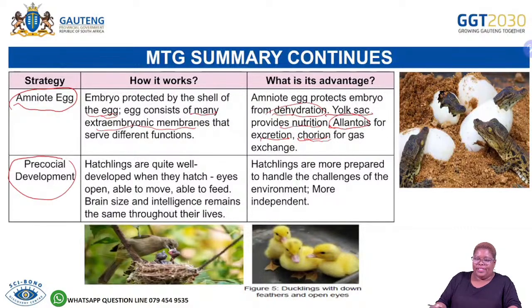Okay, now the next one is precocial development. Precocial development. Now there, hatchlings are quite well developed when they hatch. For an example, if we look at these ducklings, right? They've got their eyes open, they can move. That is after hatching has taken place. So hatchlings are quite well developed when they hatch.